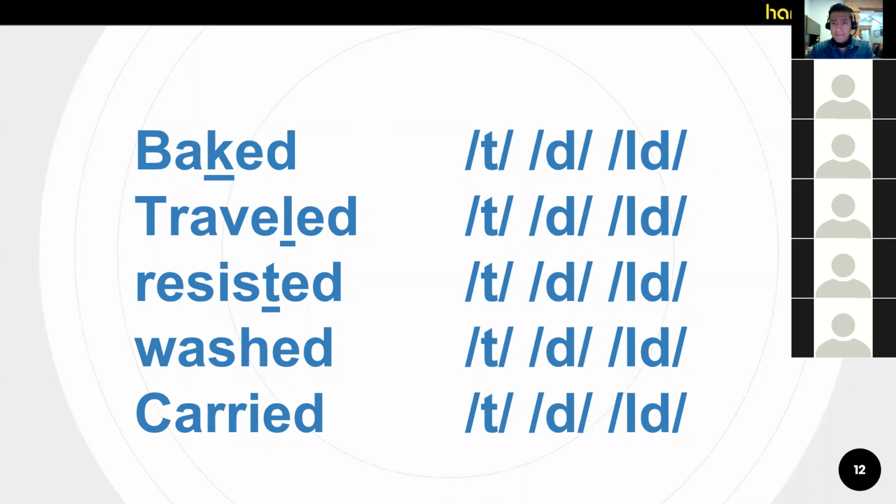The last one is carried. Which is the sound? The sound is the second, with D. Perfect. Because in the present, we have a vowel ending, carry. So in the past, carried. Very good.